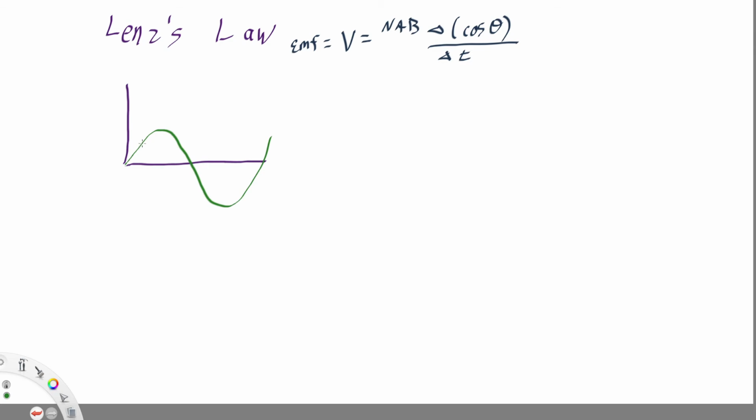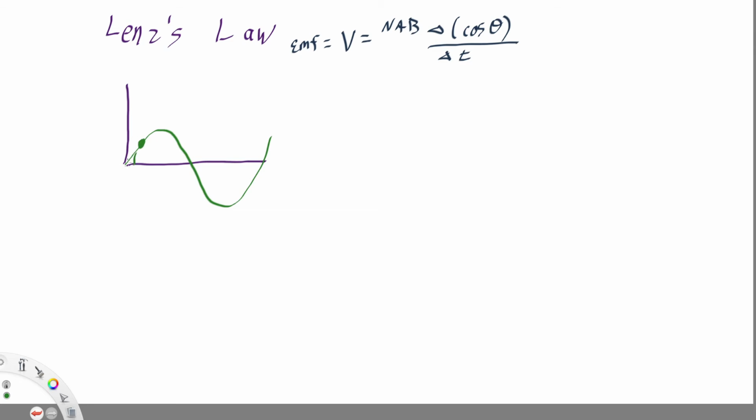So at this point in the graph, we have a rising change in flux, right?